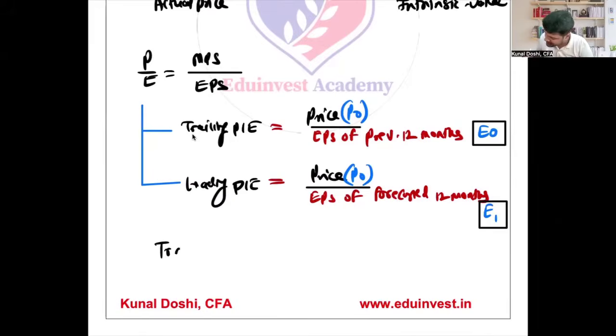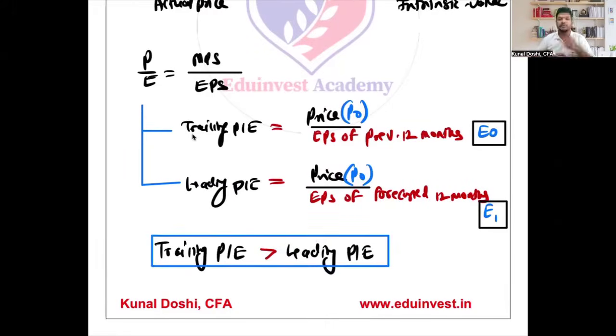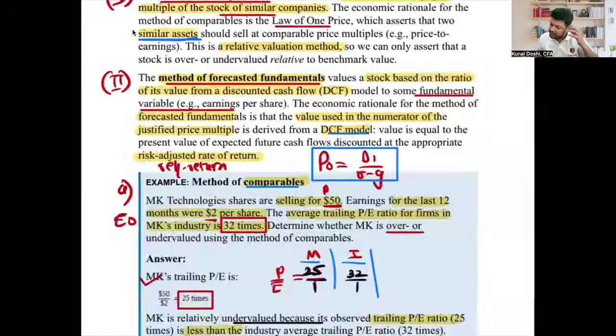So the conclusion is that the trailing PE ratio will always be greater than the leading PE ratio, because the future earnings are going to be higher. Everyone with me on this? Check. Confirm. Okay. Yes.